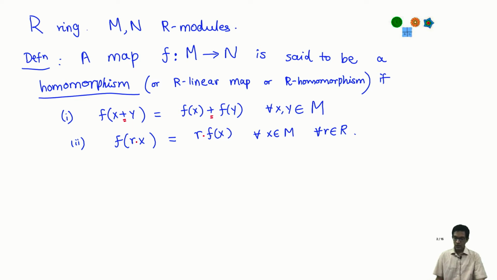Now one quick observation: if you forgot for the moment that the modules had a scalar multiplication, just think of them as abelian groups under addition.